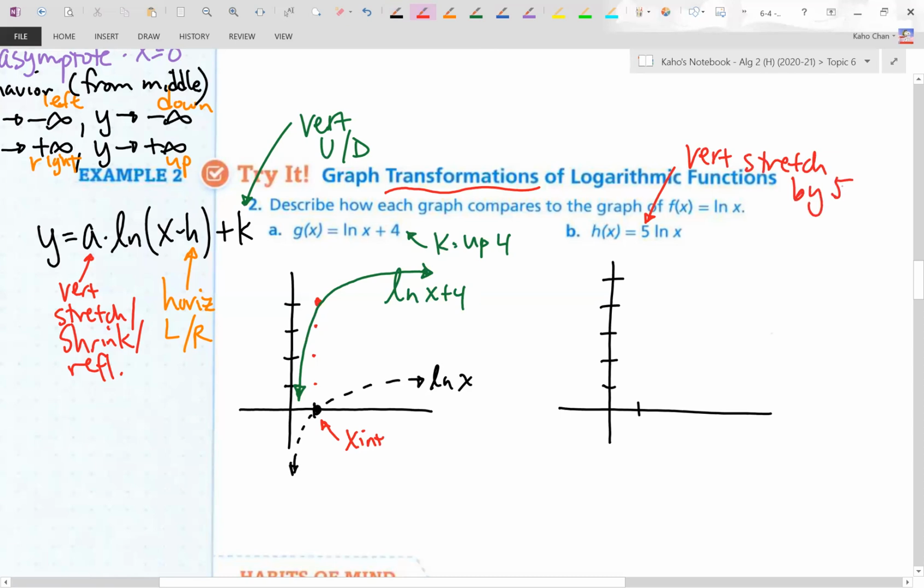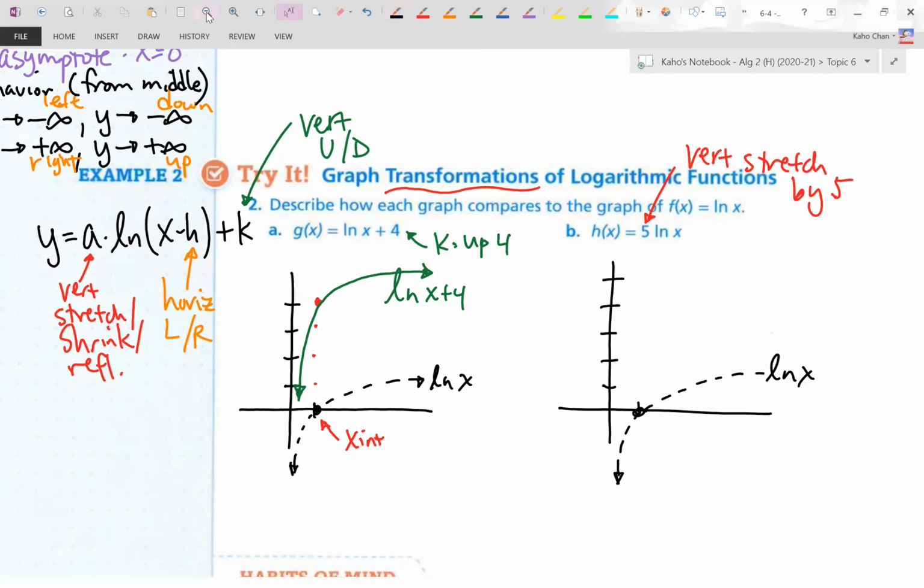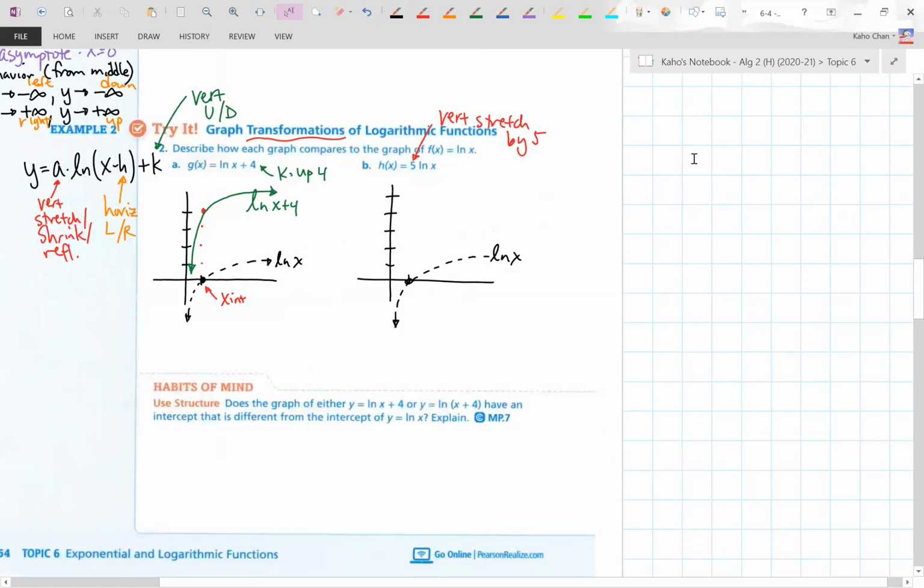That's fine. So after you draw your parent graph here, ln x, imagine stretching that vertically by a factor of 5. That's kind of hard to see. I might have to utilize a bunch of space here, to be honest with you. 5 times, that's crazy.